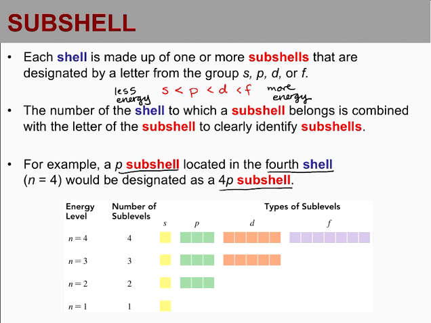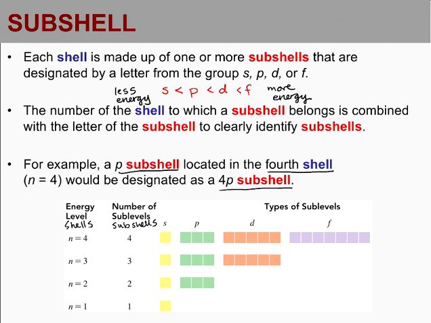So down below we have a chart, and this chart is summarizing the shells or energy levels, as well as the subshells or sublevels. And we can see that here we have 4 shells, n equals 1 through n equals 4. And the number of subshells that exists within each shell is going to equal the shell number.